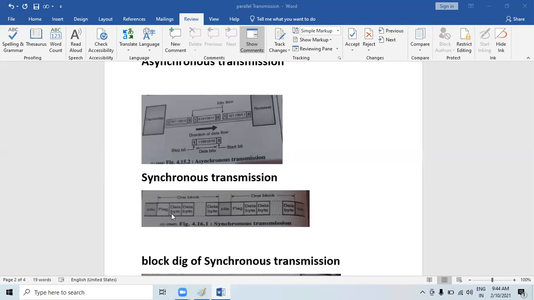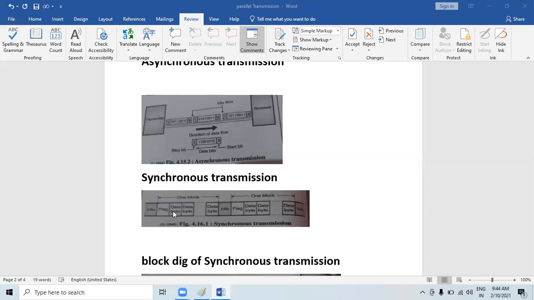The receiver operates at exactly the same clock frequency as that of the transmitter, as both are synchronized with each other. This is essential for error-free reception of data. Flag is a sequence of a fixed number of bits which is prefixed to each block, as shown in this figure.